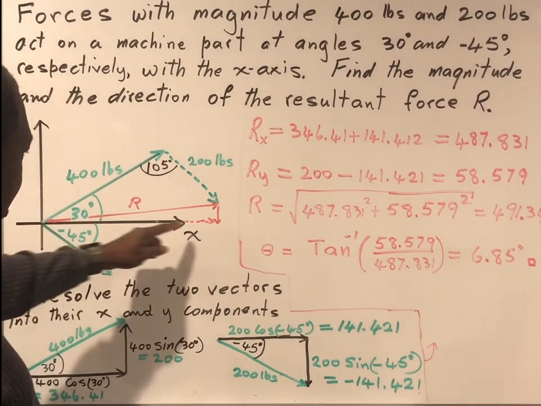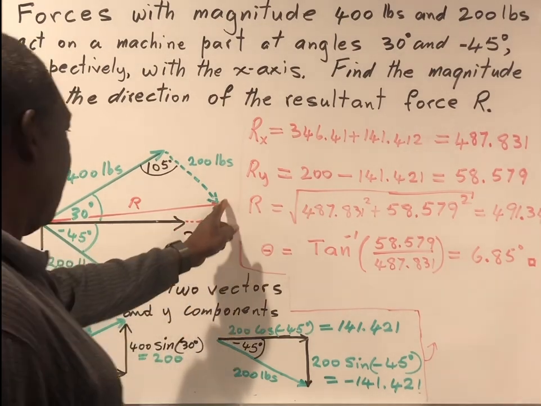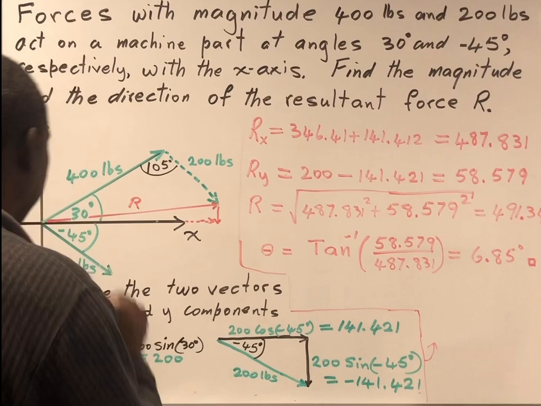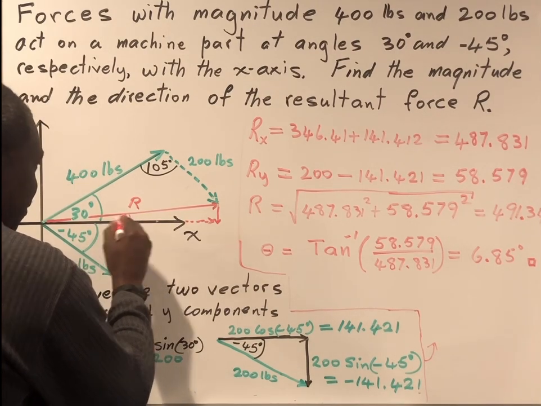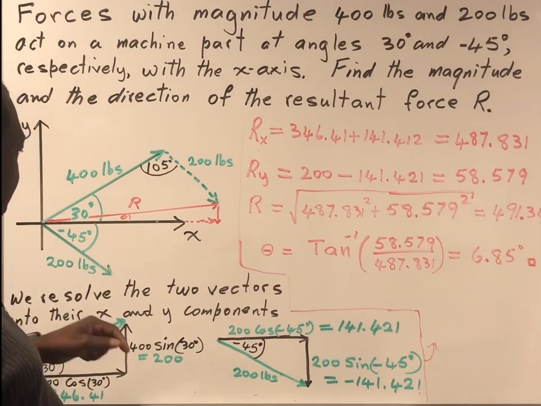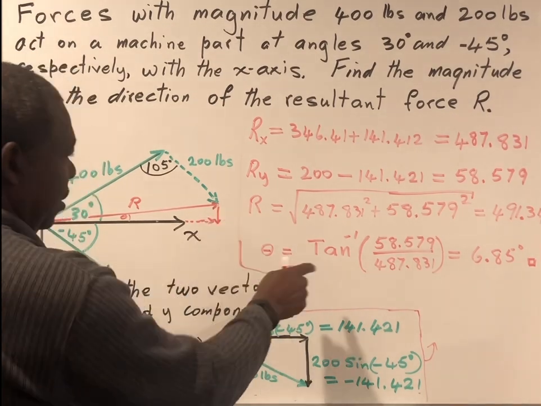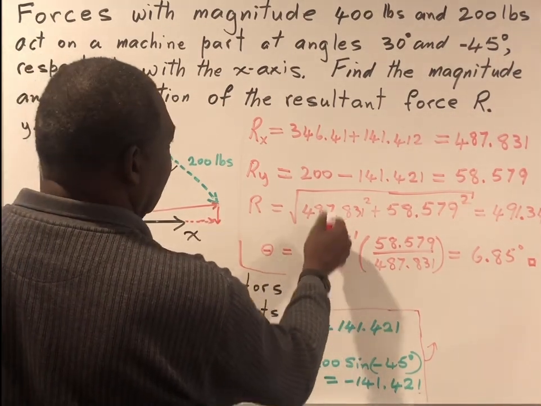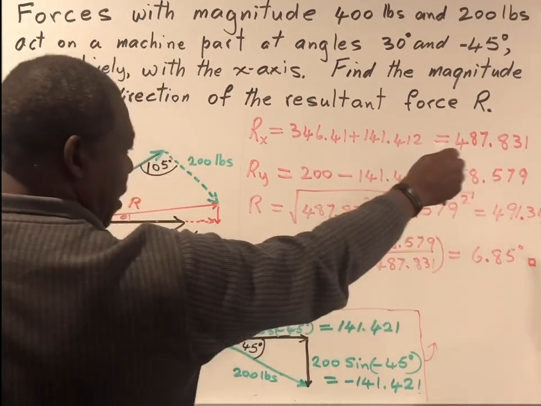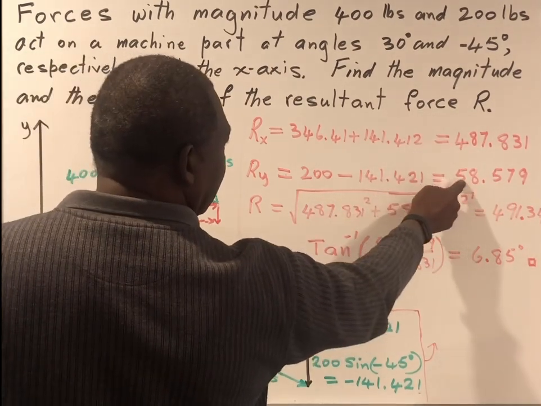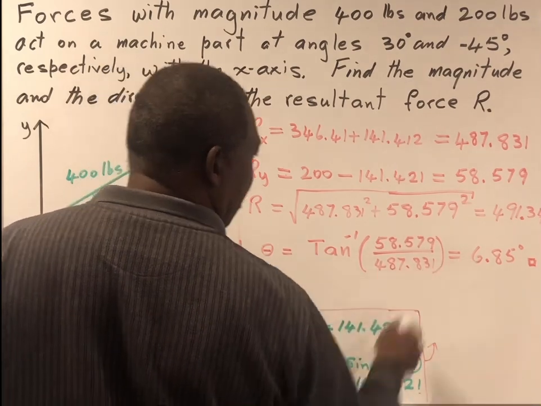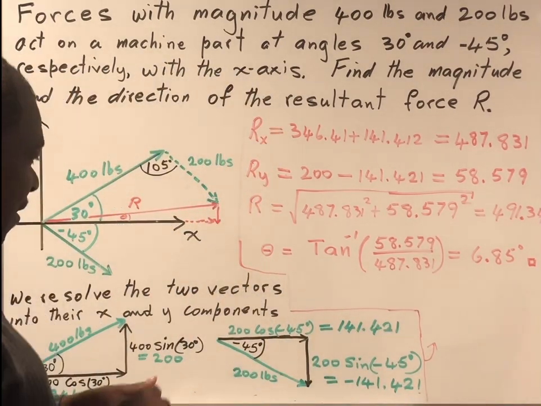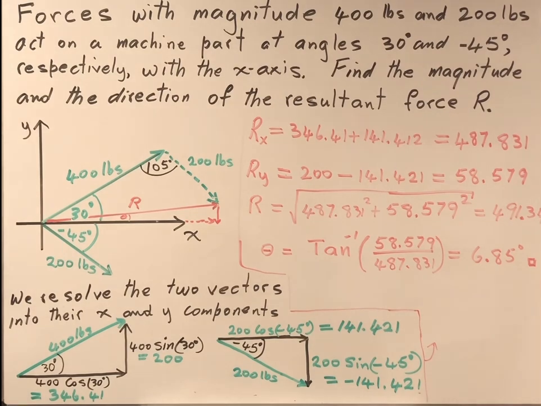So this would be a combined x component, and that would be a y component. This is the angle here, theta, that we're looking for. So theta would be equal to the inverse tangent of the y component over the x component, and that gives us a value of 6.85 degrees.